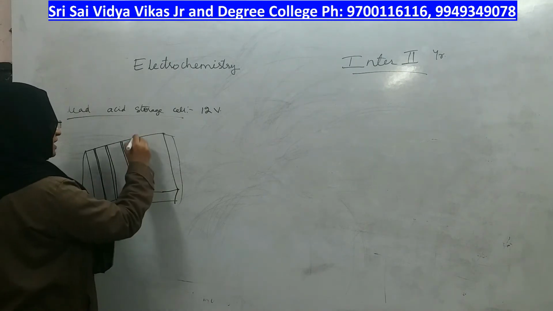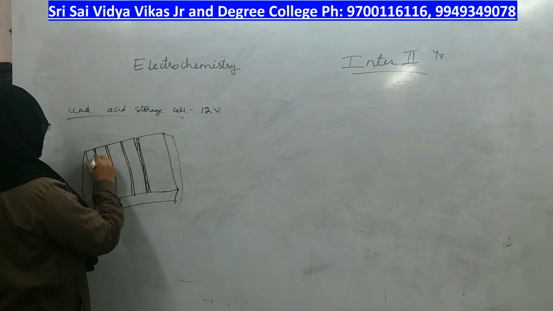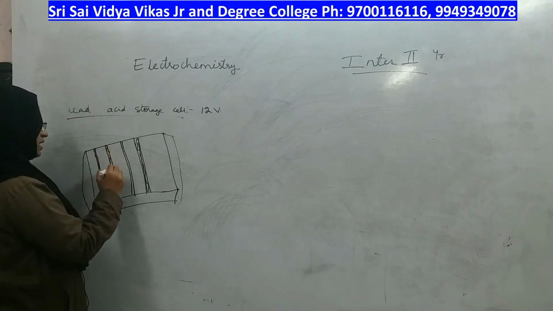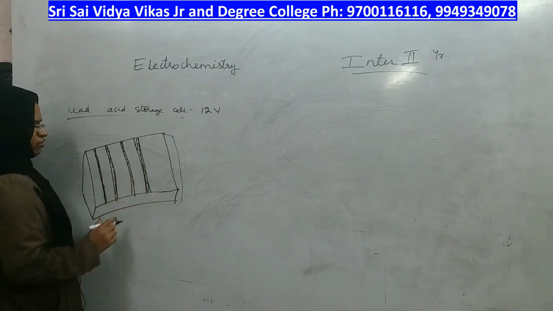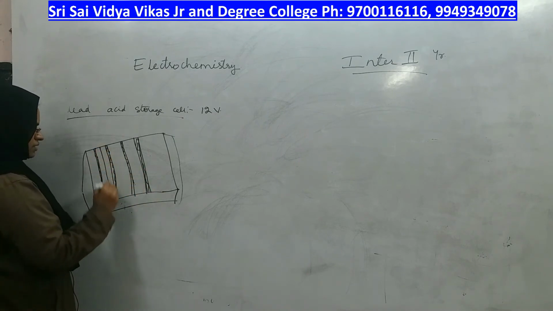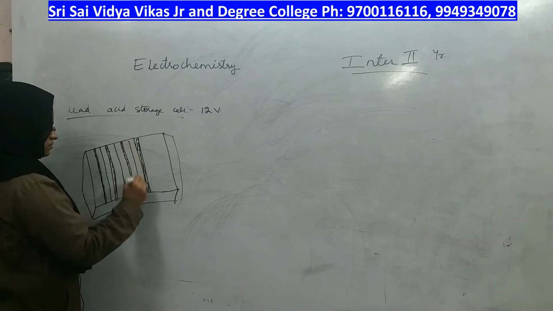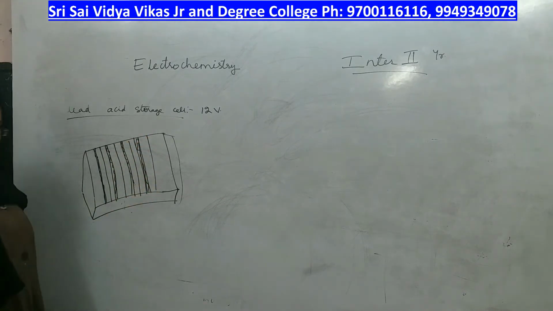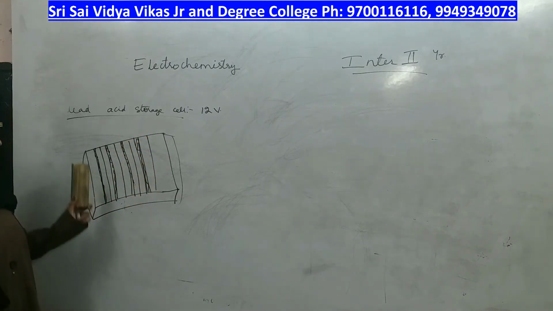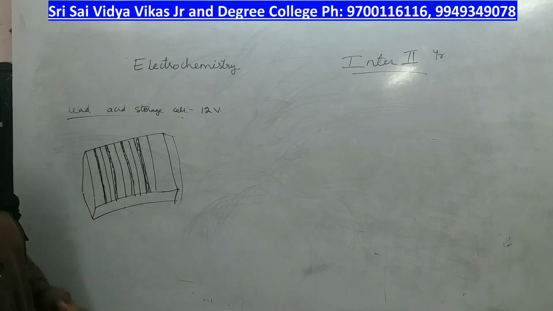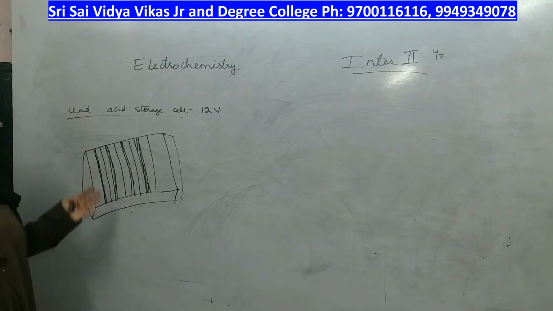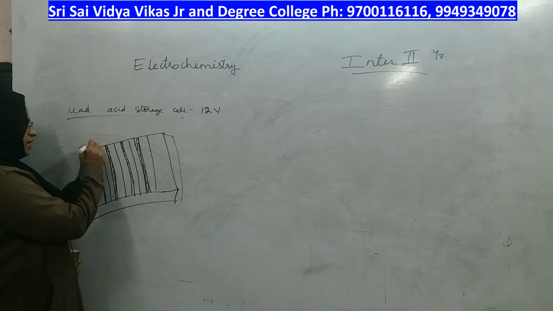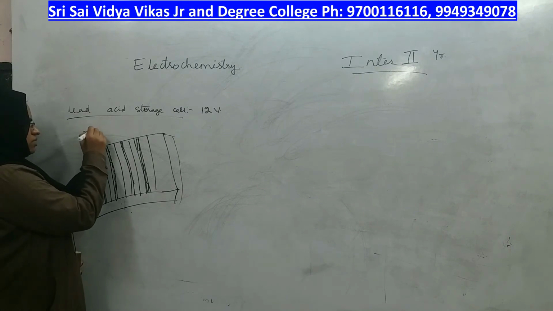Plates of lead metal are arranged in a serial manner, which are alternately followed by lead oxide plates. One plate of lead, another plate of lead oxide, another plate of lead, another plate of lead oxide. This type of alternate arrangement is present inside a big cubic box, right?